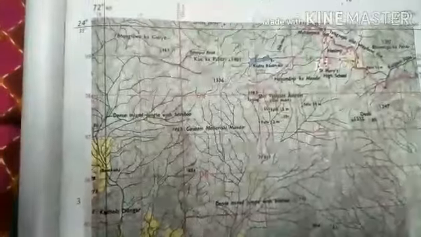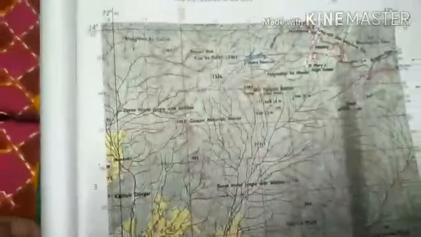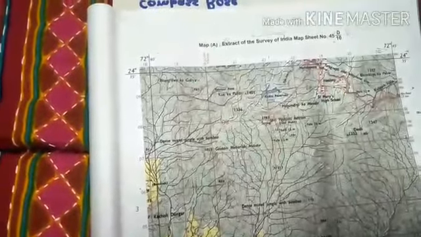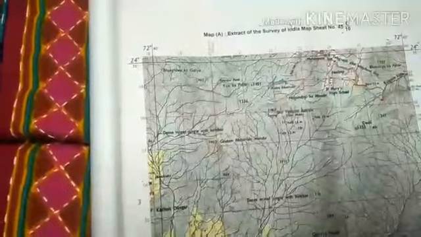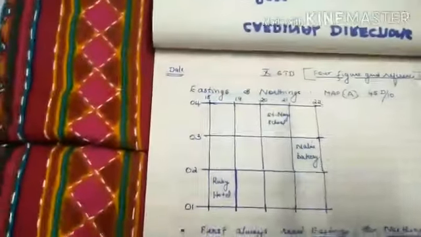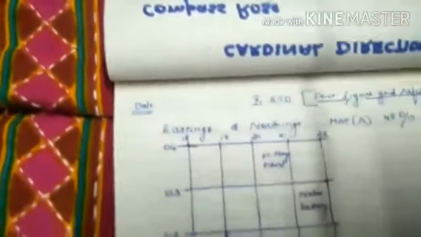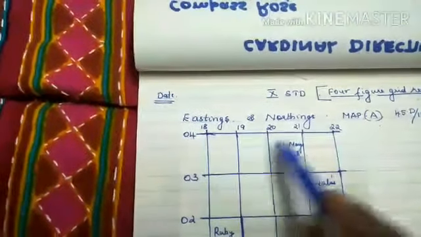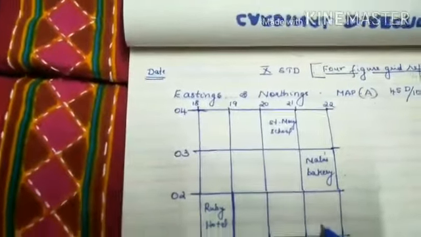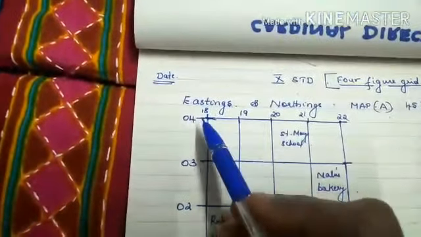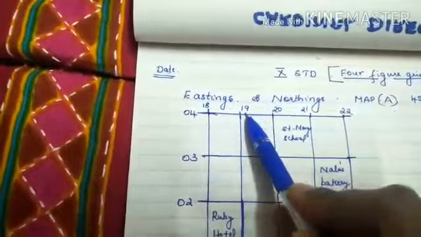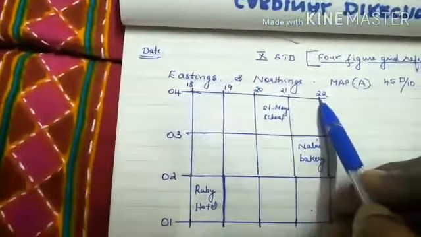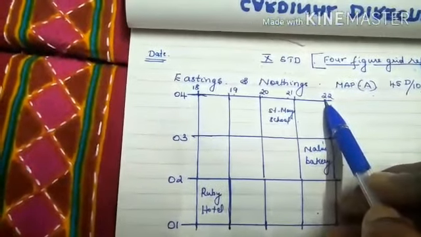Now, let me draw this onto a paper and show you exactly how to find a thing or a symbol inside a 4-figure grid. See, now I have drawn the eastings and northings. See, 18, 19, 20, 21, 22. Understood?